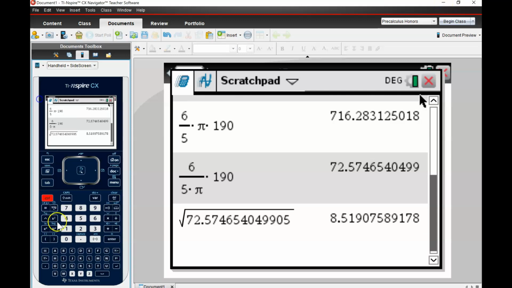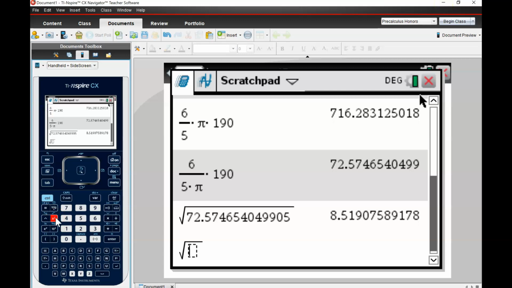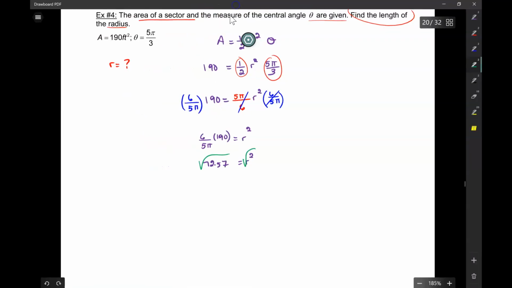You press square root, and then to put answer in there, you do control and the negative button, and it just takes the previous answer and puts it in there. It's magical. So R is about 8.5. What are the units for R? Feet.